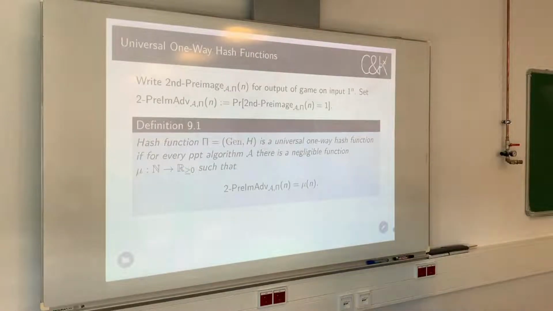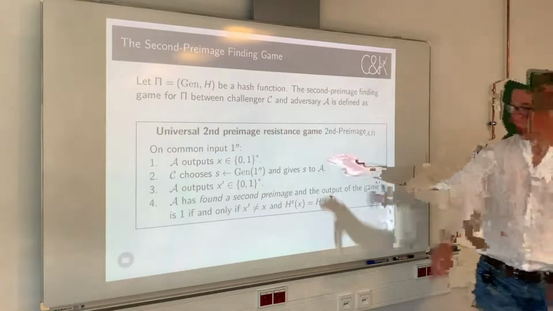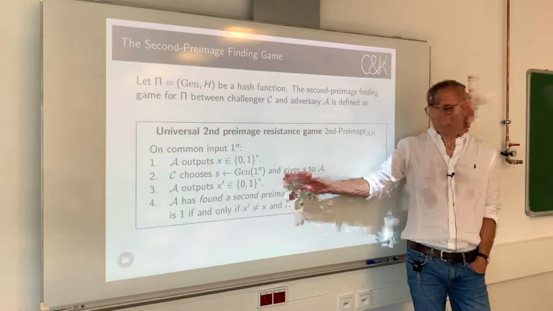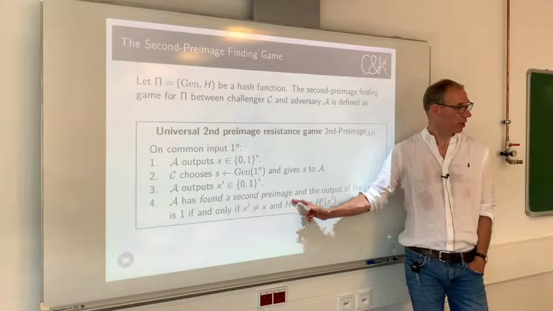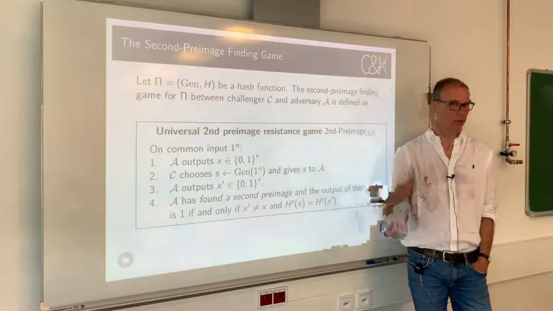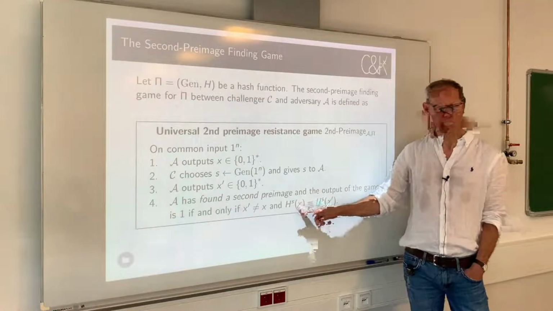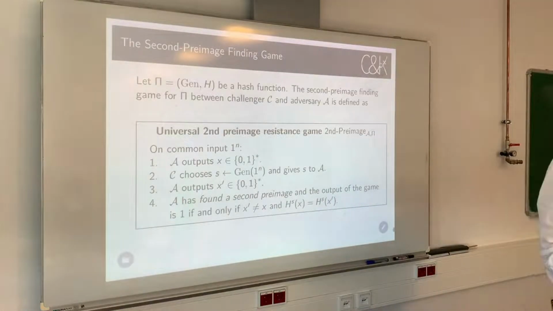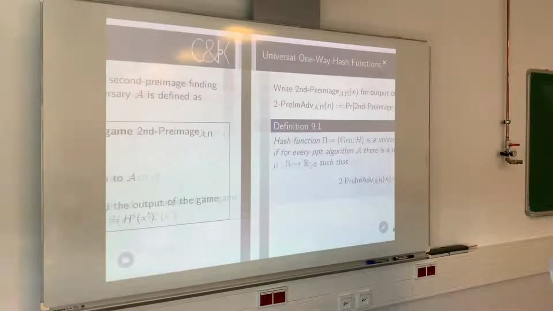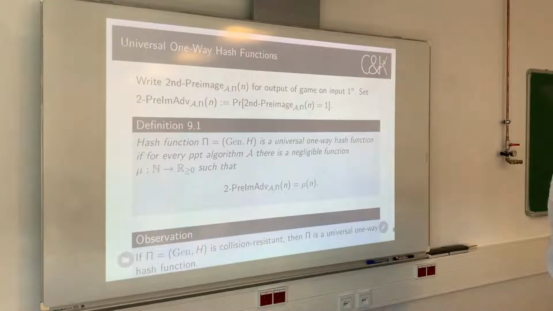So why it's called one way: given that x, he has to find a pre-image for this value, a second one. So he has to invert this h of s. Okay.